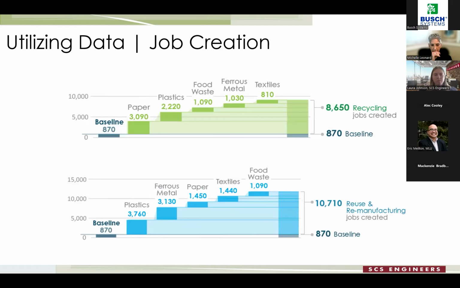And then in terms of using the data for job creation, we know that recycling has about 10 times more job creation than landfilling.